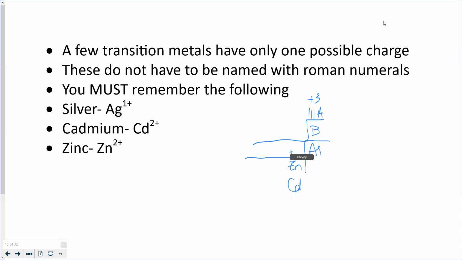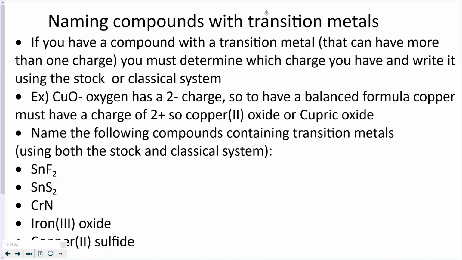So that's why they're a +2. The column before that is where silver is, which is where it's a +1. So you can figure out the charges based off of where they are. That may help you. But those, when you name them, will not have Roman numerals. And whenever you're writing a formula and you need the charge, you have to remember those specific charges.